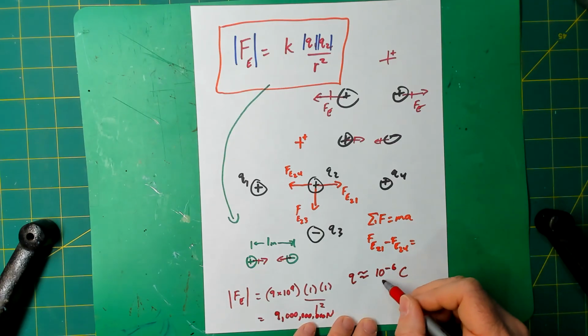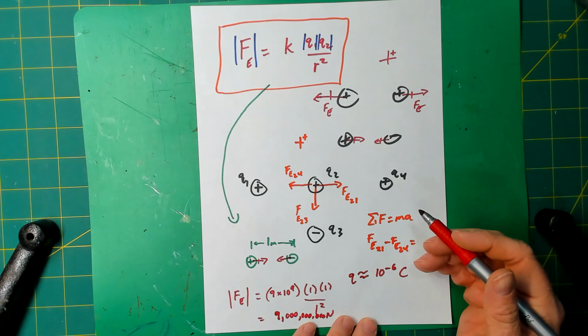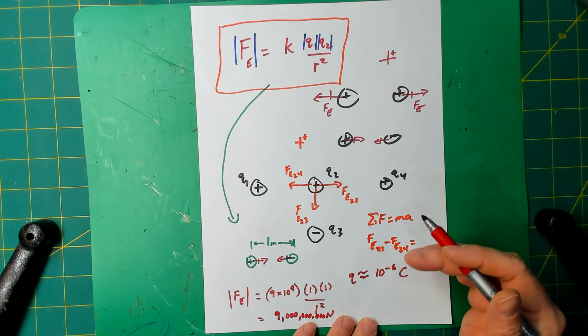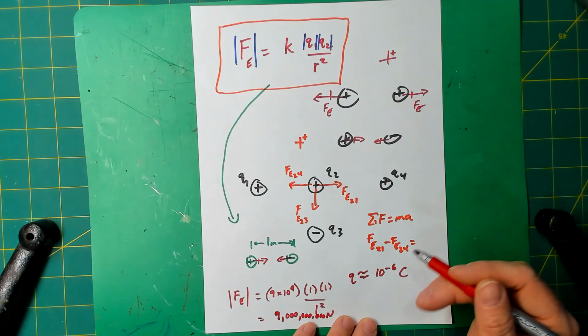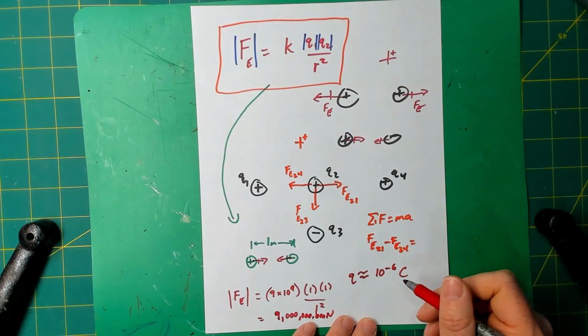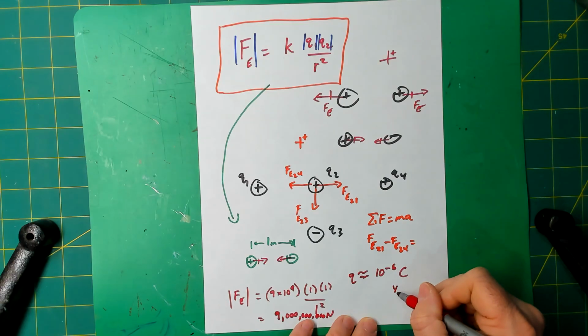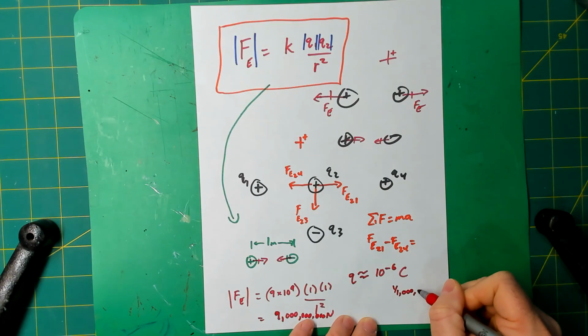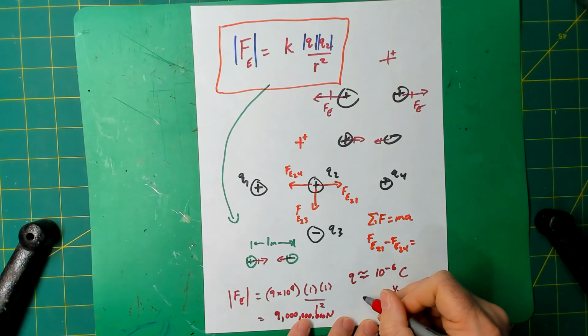Now, 10 to the minus 6, you know how a tenth is a deci in the metric system, a hundredth is a centi, a thousandth is a milli. You might remember, 10 to the minus 6 is one millionth, right?